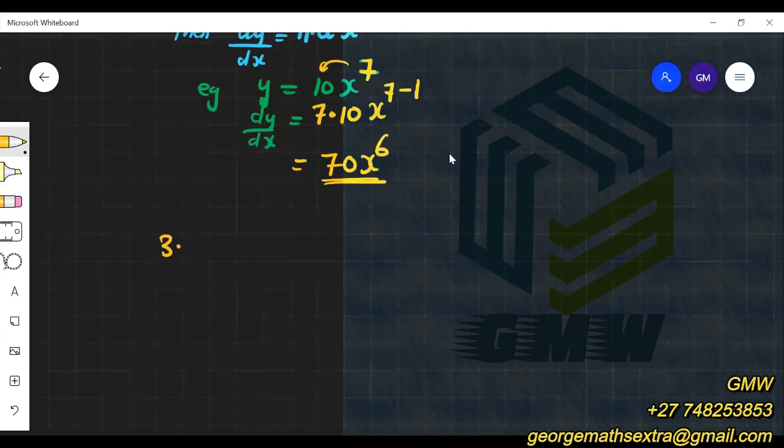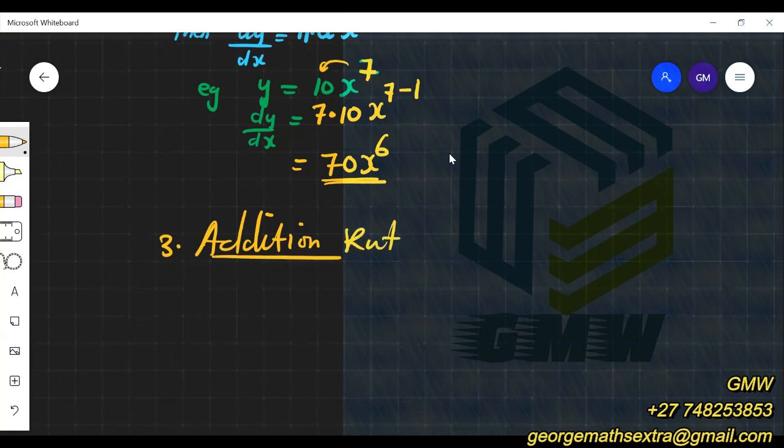Then we have the addition rule. These ones that are coming are just an application of the power rule we used. Example, if y is equal to, let me say, 3x squared plus 2x.